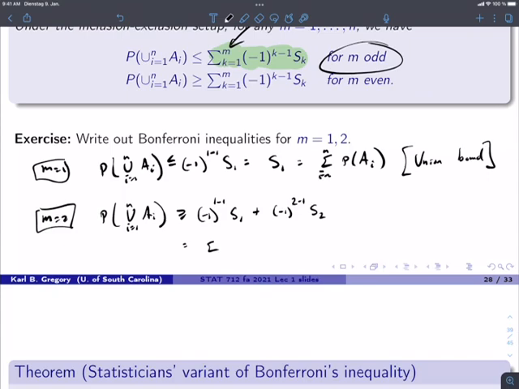So I get the sum of the probabilities, minus the sum of all intersections between pairs, I1, I2. And that gives me an inequality going in the other direction.